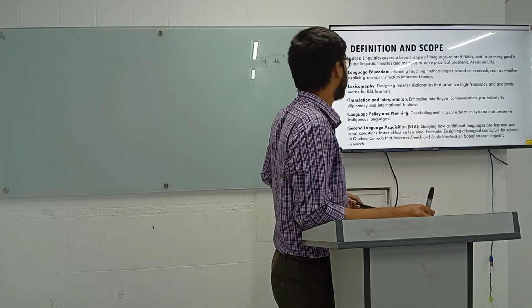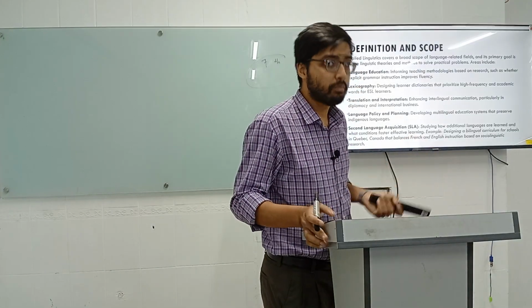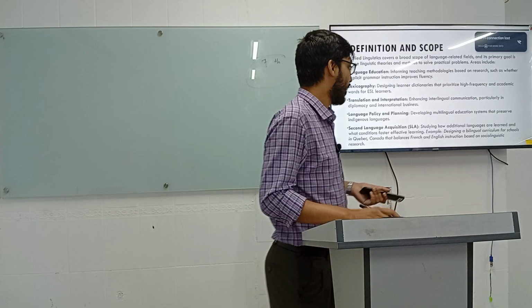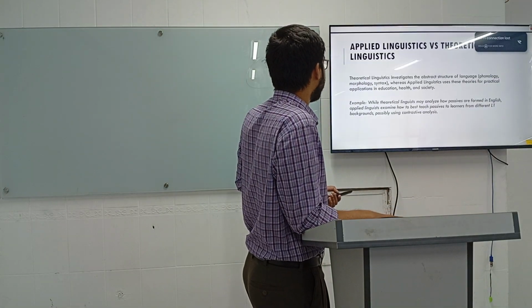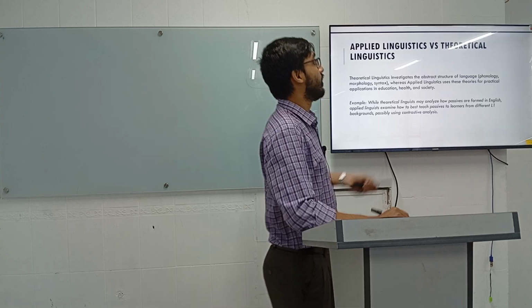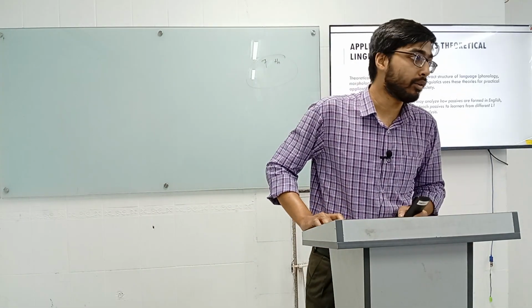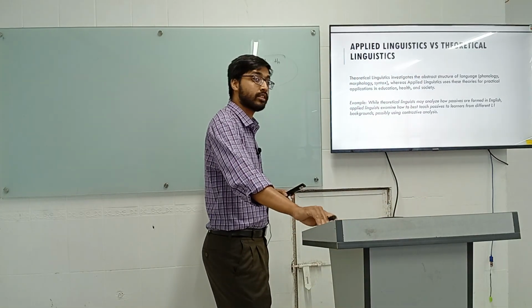Most importantly here, the second language acquisition. You guys know very much about second language acquisition and those theories. Okay, so applied linguistics and theoretical linguistics. Here we talked about the difference between them in the previous class, and that's very important for you to understand.